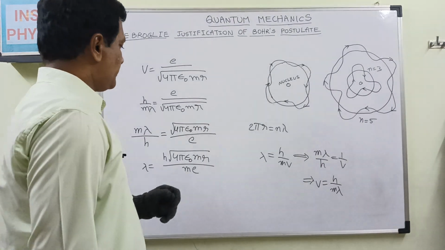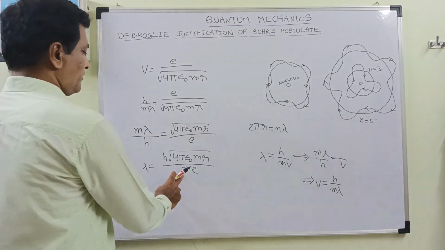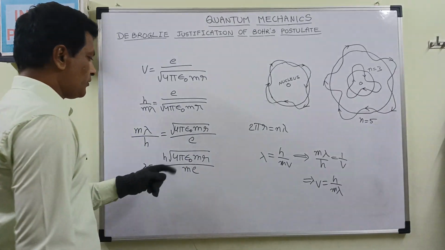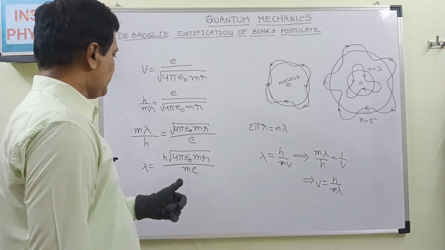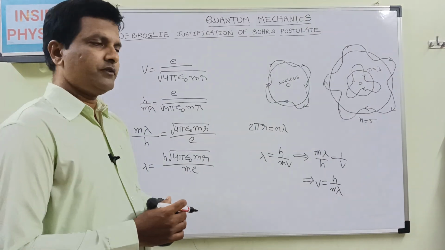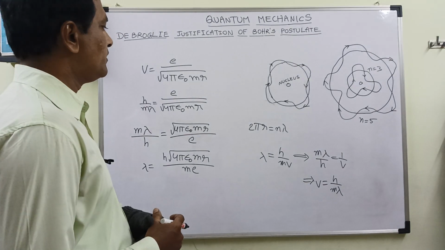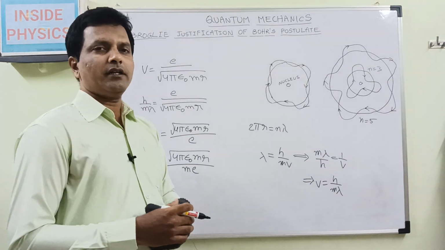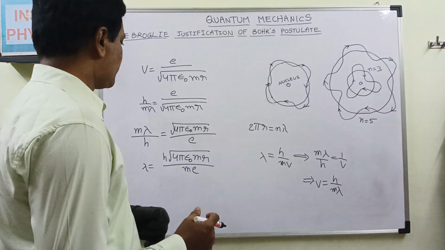With this formula we can find the wavelength of the electron wave in the first orbit.